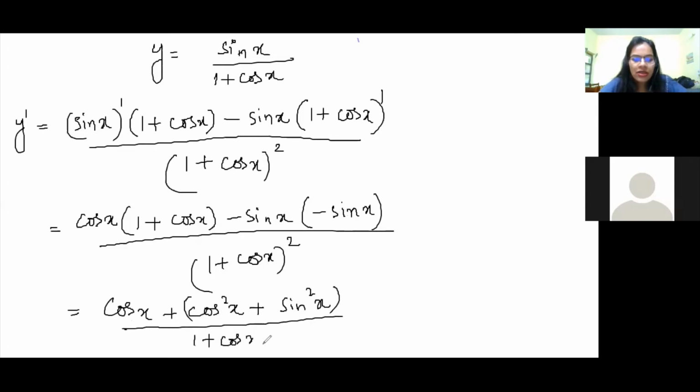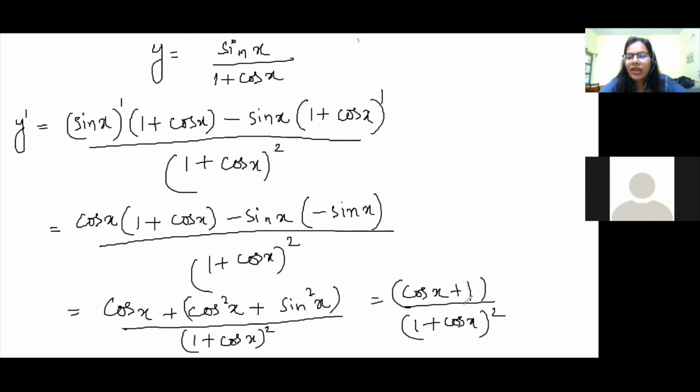So the top also becomes cos x plus 1 by 1 plus cos x whole square. So this numerator and denominator, we have got the common factor. So what will happen? We can cancel 1. So then it becomes 1 plus cos x. Okay. Is it clear? So the answer is 1 by 1 plus cos x. Clear to all?